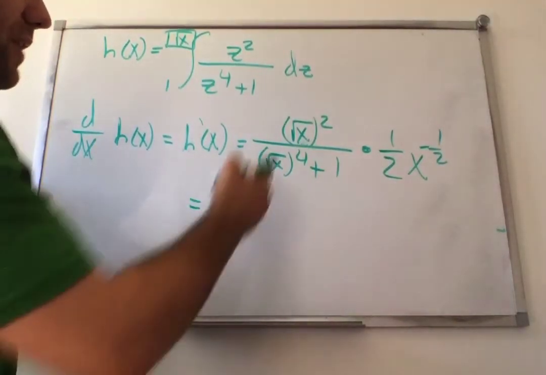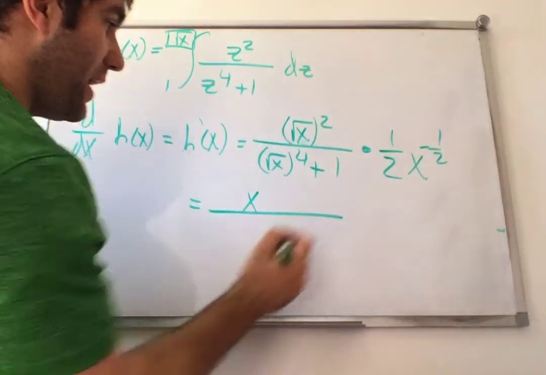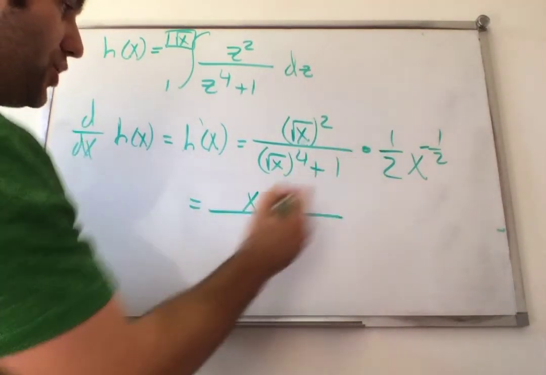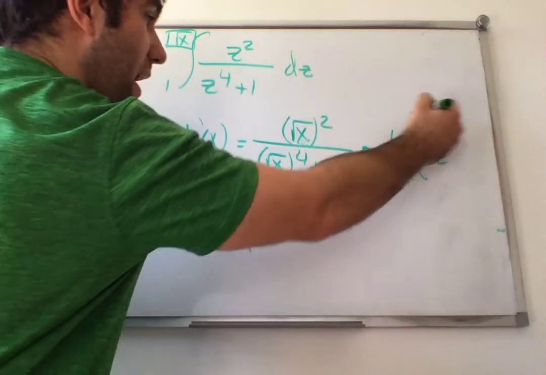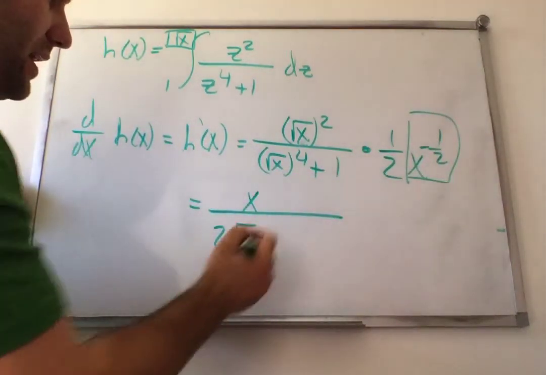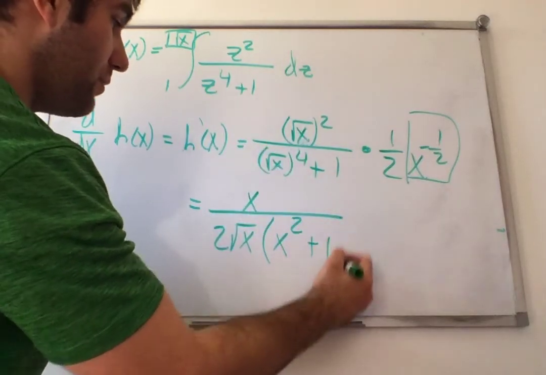Now you just have to simplify. Square root of x squared is just x, divided by, we've got a 2 and a square root of x on the bottom from that piece, and then square root of x to the 4th is x squared, plus 1.